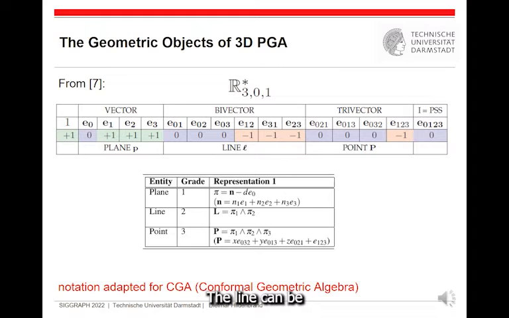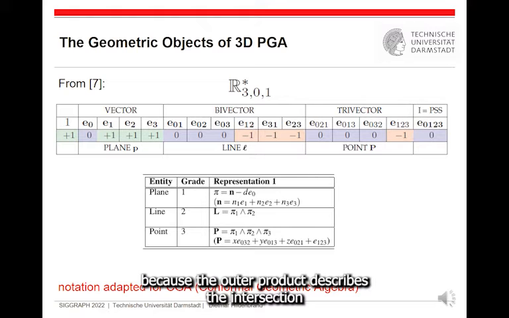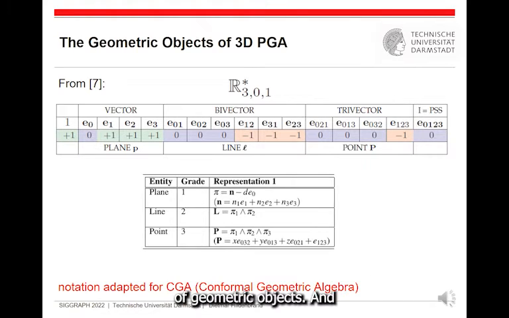The line can be represented based on the outer product of two planes, because the outer product describes the intersection of geometric objects, and this is why the intersection of two planes can represent a line, and a point can be represented as the outer product of three planes.